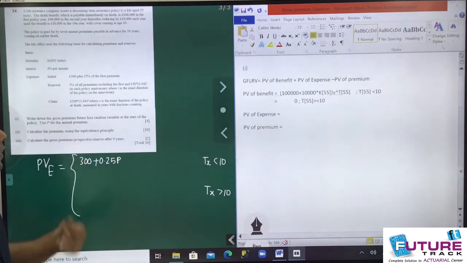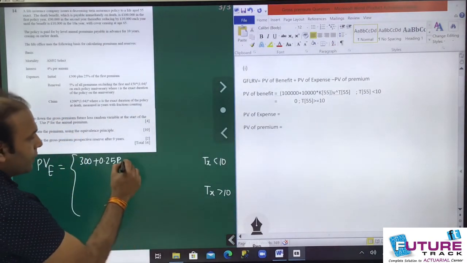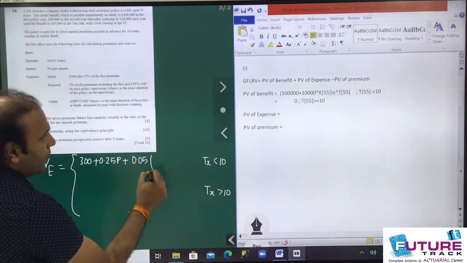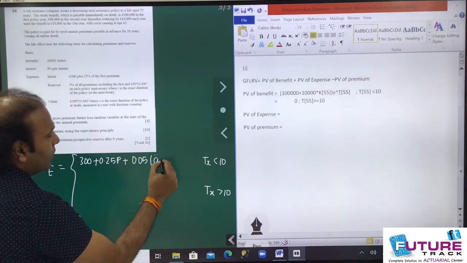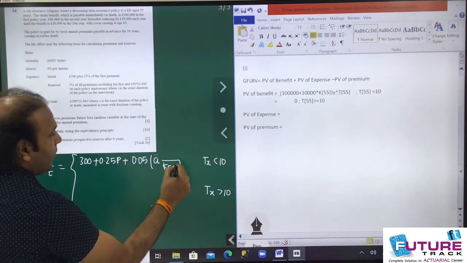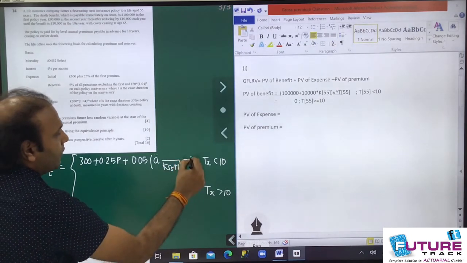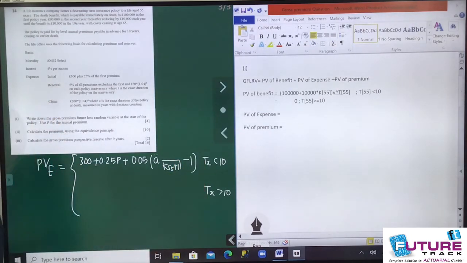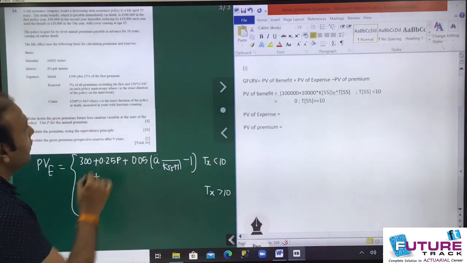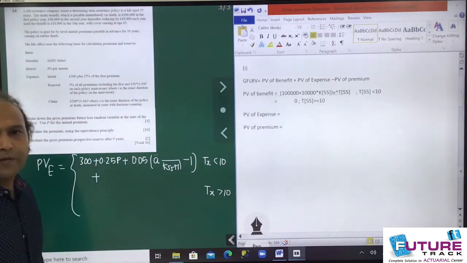5% of the renewal excluding the first, so 5%, it is ä K_55 plus 1, excluding the first means minus 1 will be there. Fine, otherwise you have to write in arrear. Plus 15 to 1.04 raised to power t.